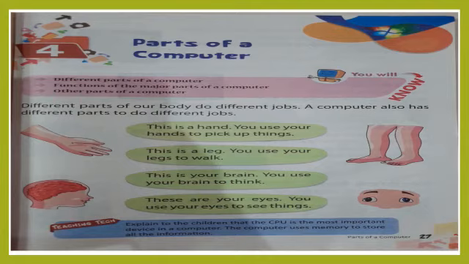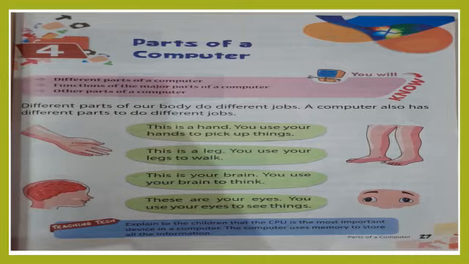We all know that our body is made up of different parts. You can see here, like eyes, ears, nose, hands, and legs. Also, we know that every part does its different function. Like we use our hands for writing or picking up things.